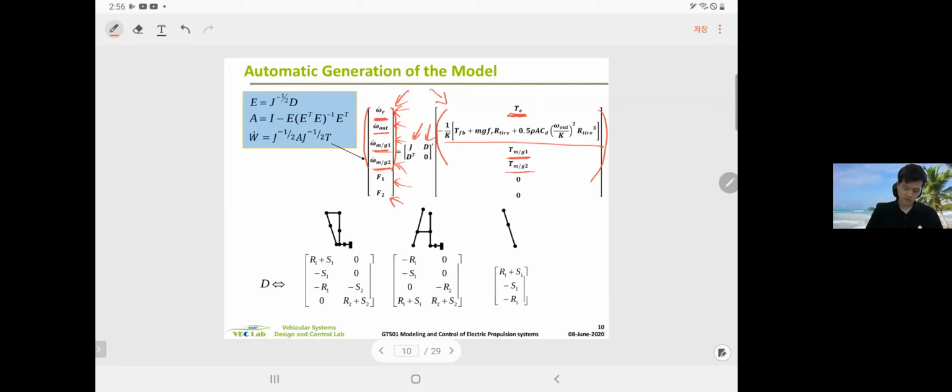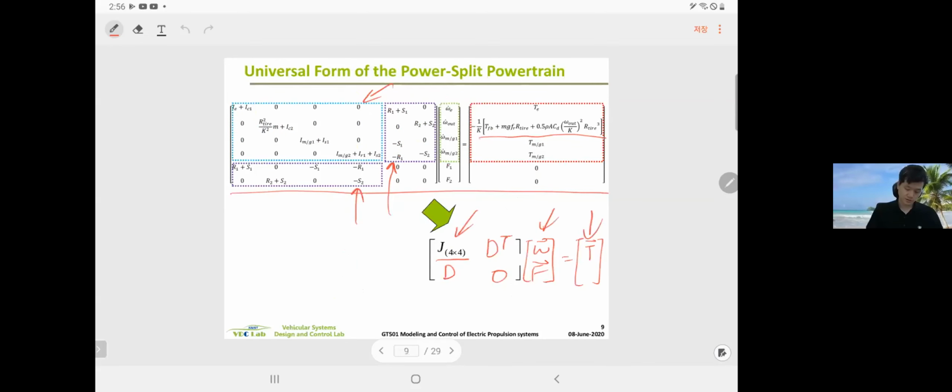How about J and D? D is more tricky. D changes as a function of these connections, okay? So how the PG is connected. And then there's the J matrix, which is relatively easy to identify because engine inertia is coupled with engine speed, right?